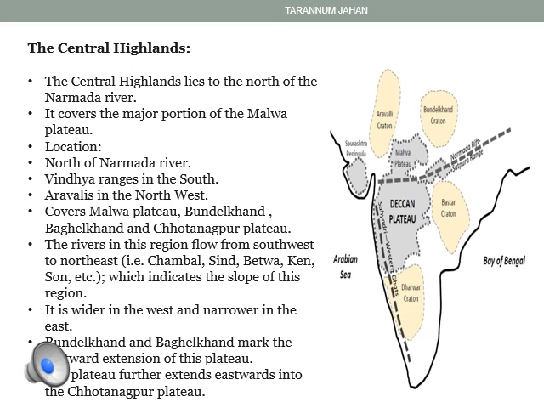So it is wider in the west and narrower in the east. Bundelkhand and Baghelkhand mark the eastward extension of this plateau. The plateau further extends eastwards into the Chota Nagpur Plateau.